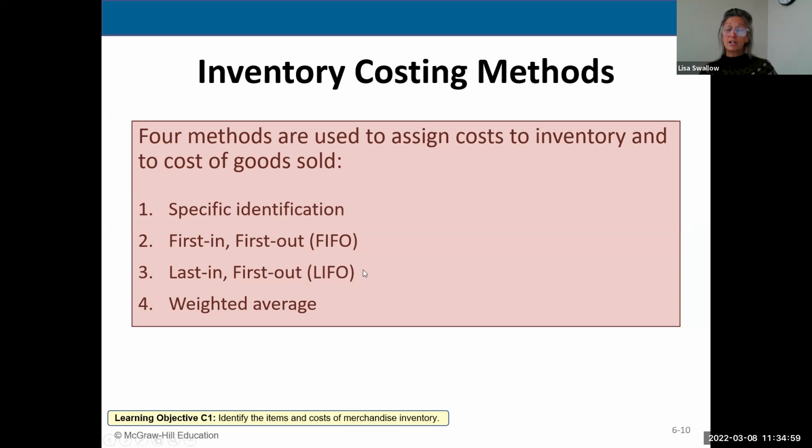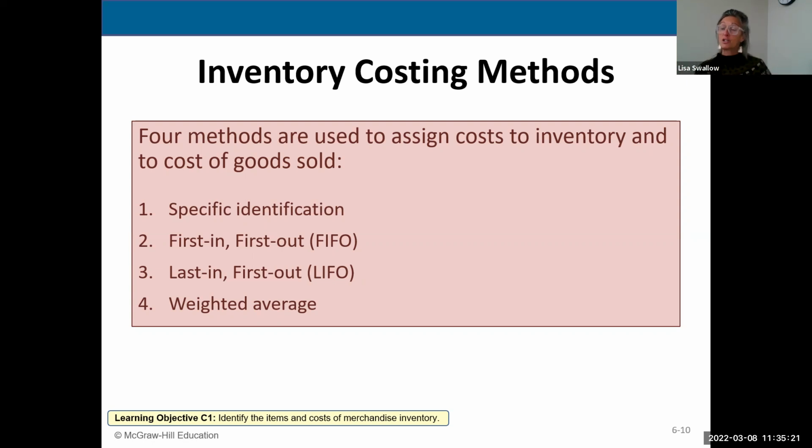Last in, first out is just opposite. And that assumes the last bit of product that I brought into my warehouse was the first that I sold. So that doesn't really approximate a physical flow, does it? Very few companies are going to be selling their newest stuff before they sell their oldest stuff, right?